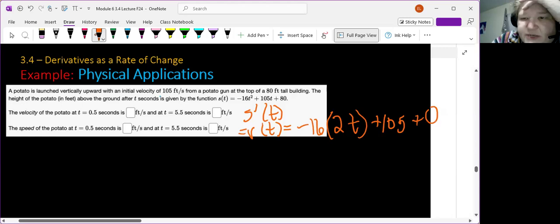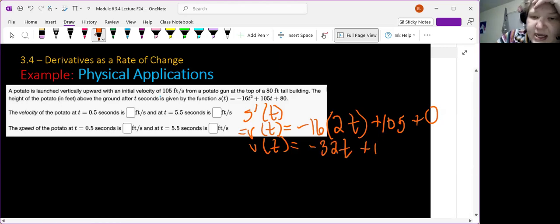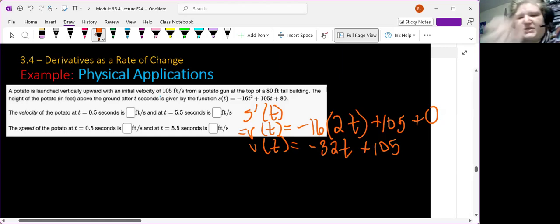I'll still write the 0 for the placeholder there. But our velocity function formula is negative 32t plus 105. So for every second, the acceleration is pulling down by 32 feet. But our initial velocity was up at 105. So that's what this is telling us.